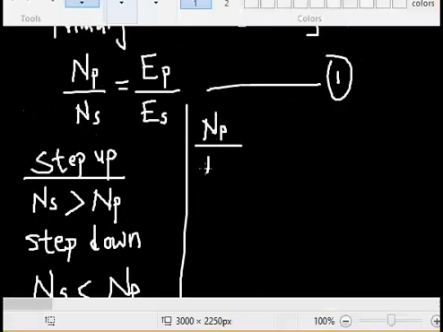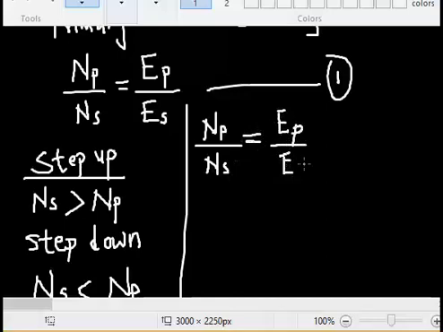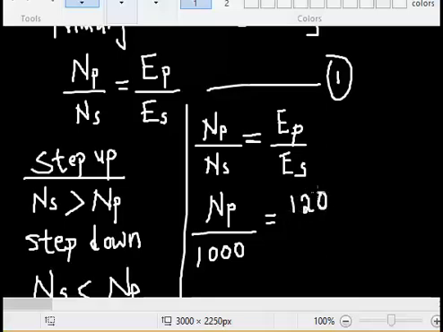EP over ES. So I'm looking for NP, the number of primary turns. According to the question, the secondary turns is 1000, and EP, the EMF of the primary, is 120 volts.